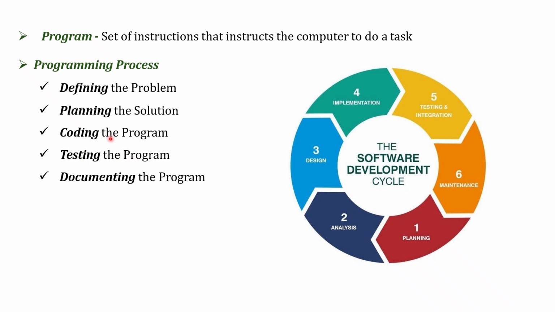After coding, we have to test whether the written program is doing the task as desired, whether it is giving us the right output. That is testing the program. Once everything seems fine, it is documented. This is the software development cycle.